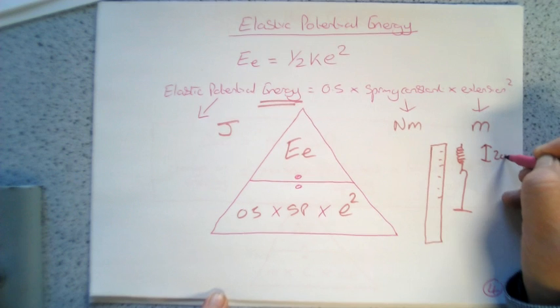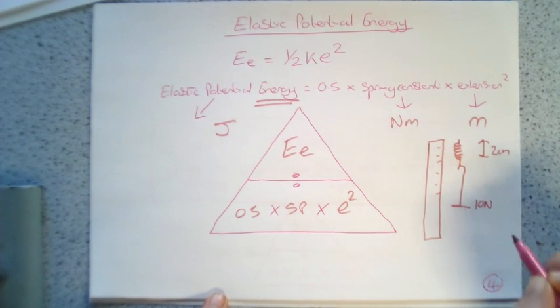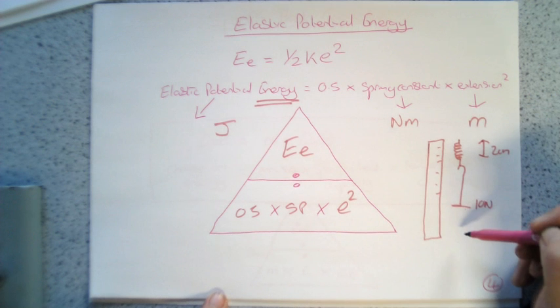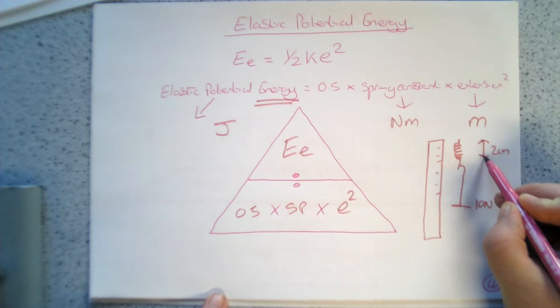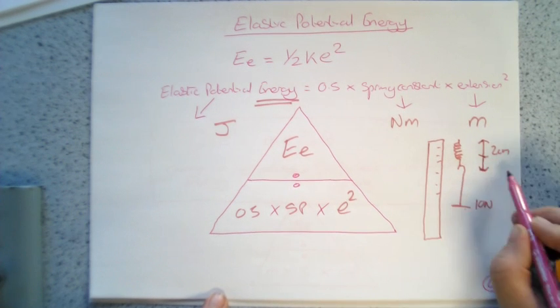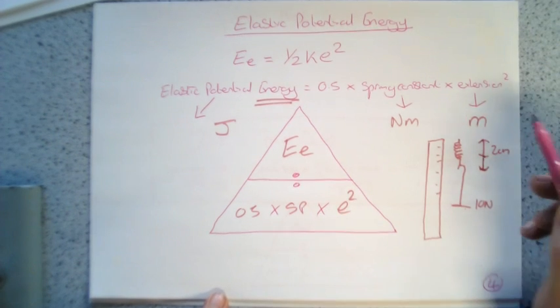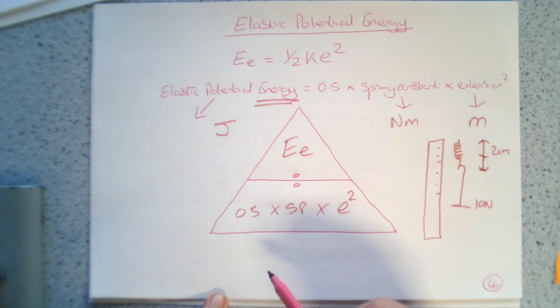It's 2 centimeters. We apply a force, and let's say that's 10 newtons, and the spring stretches. And its extension is the difference between its original length and the length it stretches to. That becomes the extension.